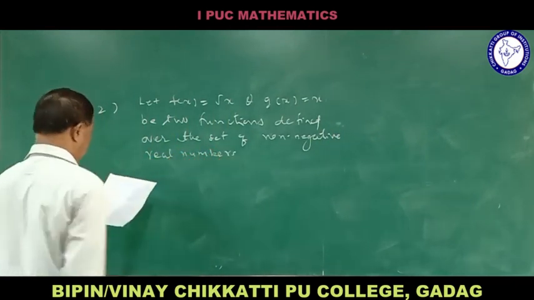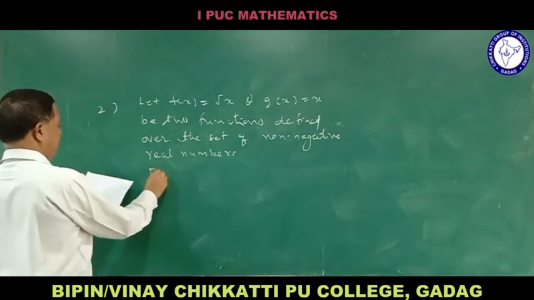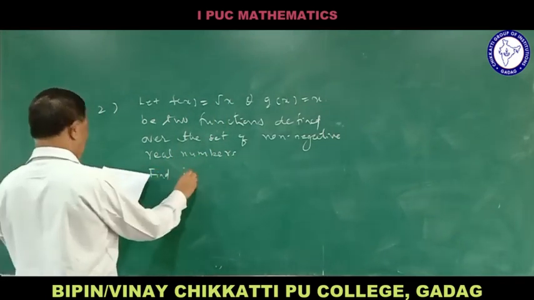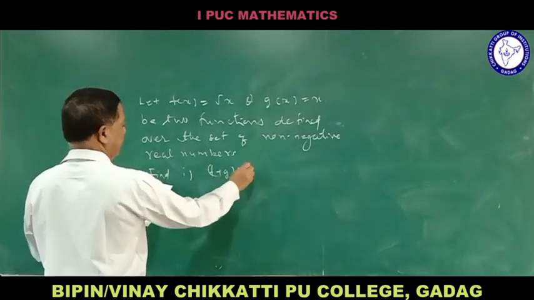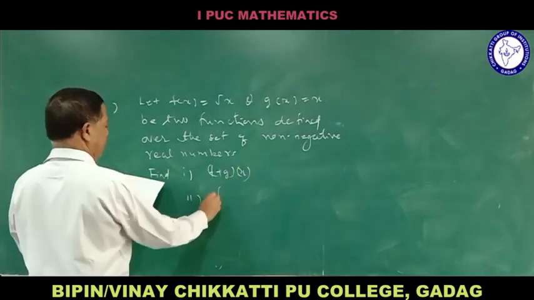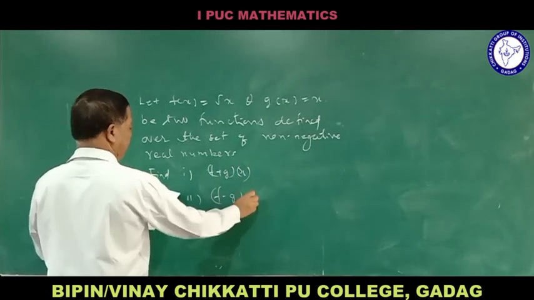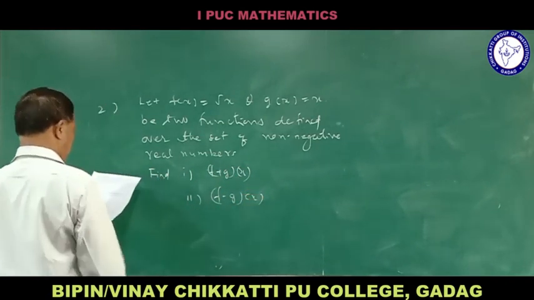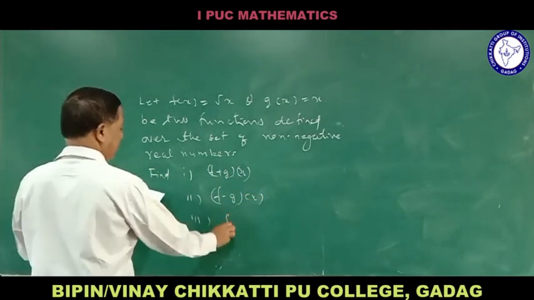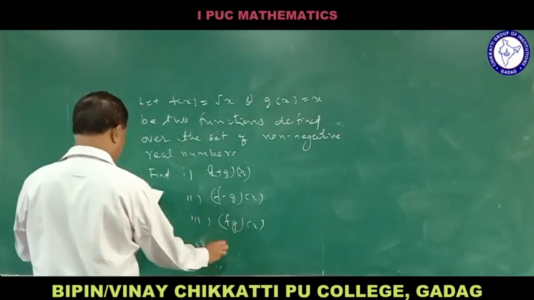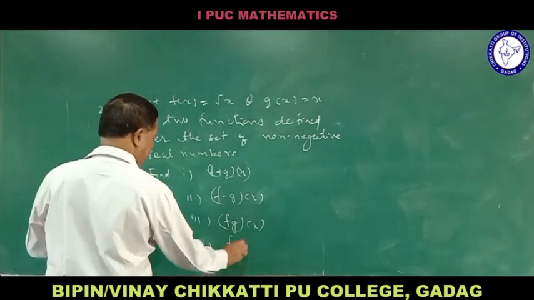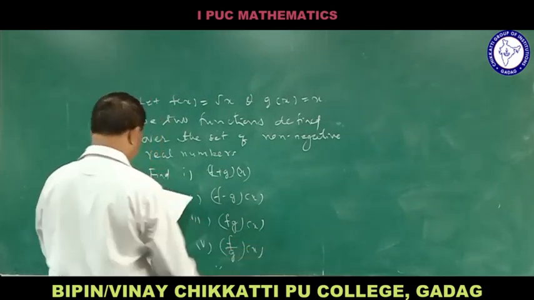Non-negative real numbers. Question is, find number 1, f plus g of x, number 2, f minus g of x, number 3, f g of x, number 4, f by g of x.